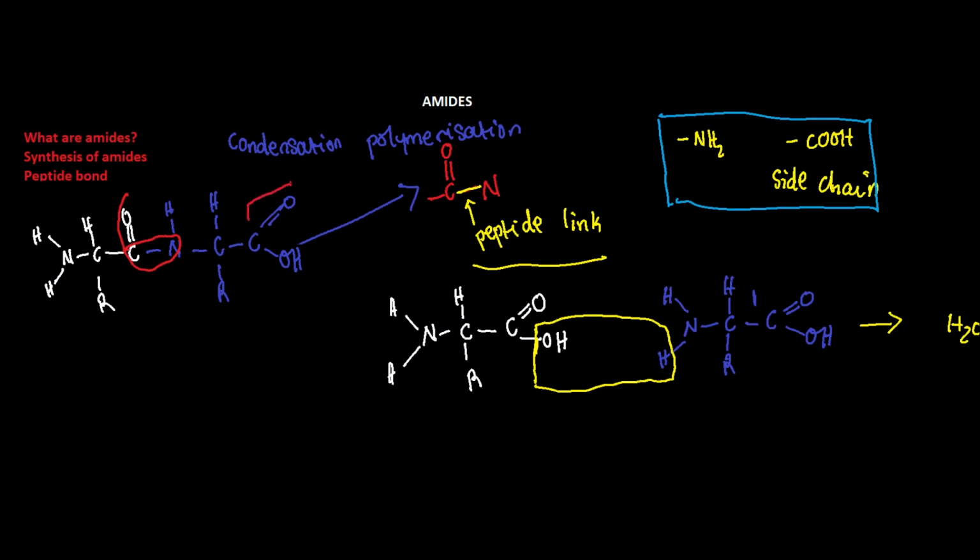Now notice that we also have the carboxylic acid part here, and this carboxylic acid functional group is able to react with another amine, and the reaction continues, forming longer chains and forming proteins. Okay, so this is a brief introduction into amides.